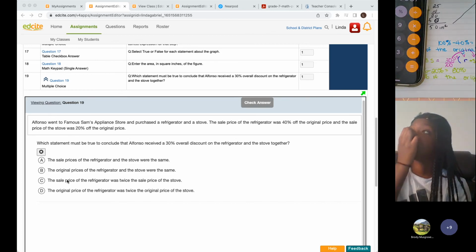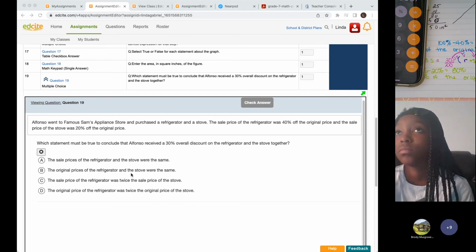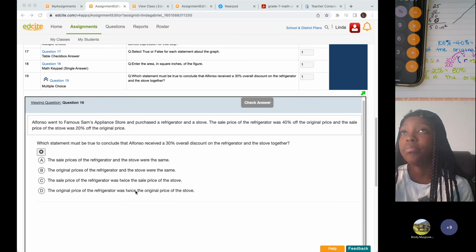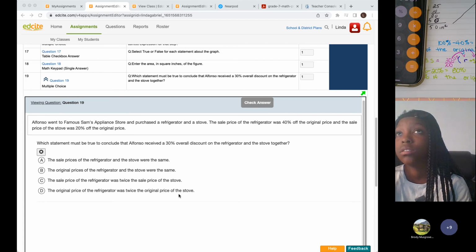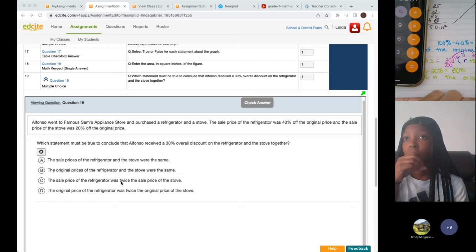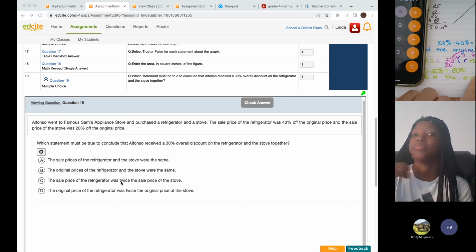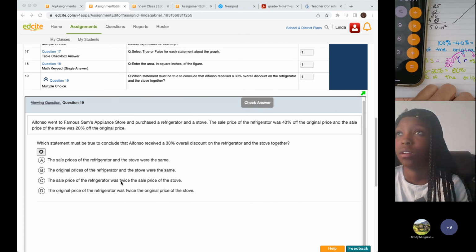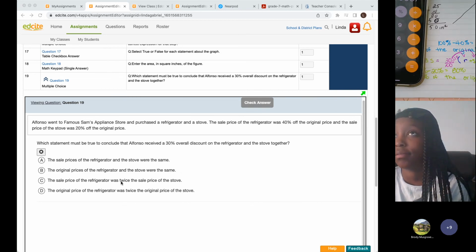So the original prices of the refrigerator and the stove were the same. The sale price of the refrigerator was twice the sale price of the stove. That's close, right? The original price of the refrigerator was twice the original price of the stove. Well, I know that in order to get the original prices, I have 2 and 2.67, right?